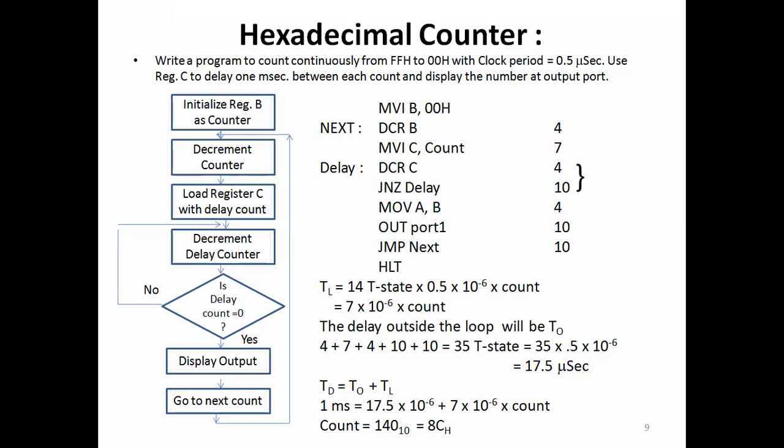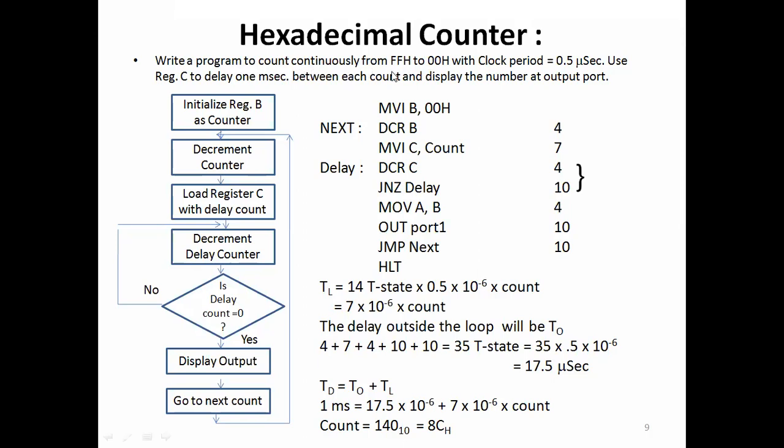Meaning thereby, whatever number we are displaying at the LED display should remain for 1 millisecond. And after 1 millisecond, it should change to the different value. So this says that you have to count continuously from FF to 00.